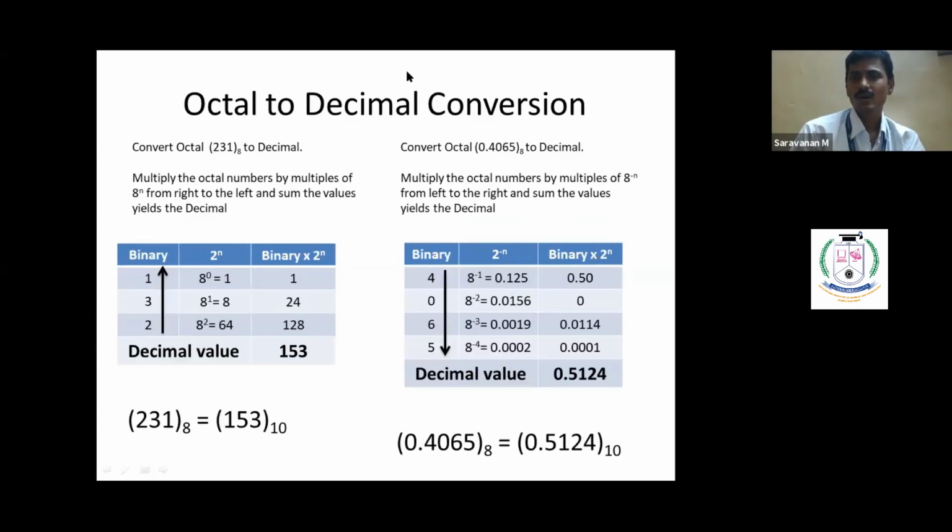Multiply 4 by 0.125, we get 0.5. Multiply 6 by 0.0019, we get 0.0114. Just sum up all the values and we get about 0.512. So octal 231 is 153 in decimal, and the decimal representation of 0.4065 is about 0.512.